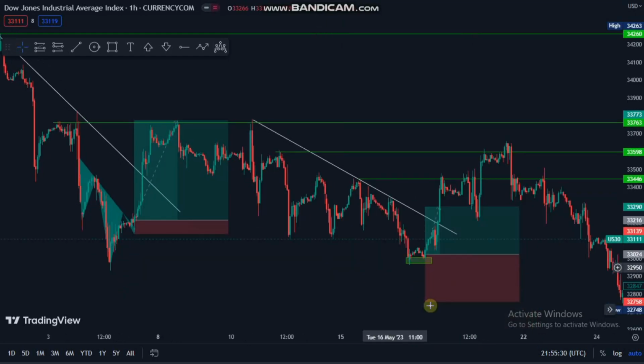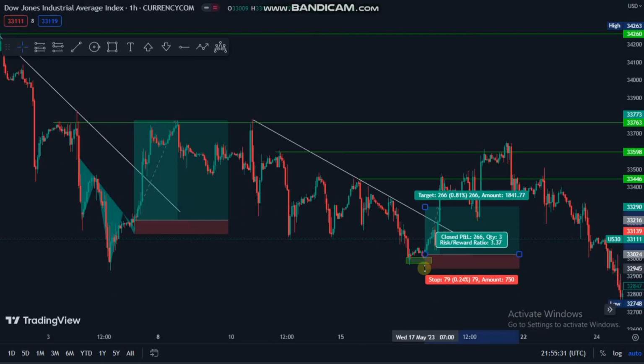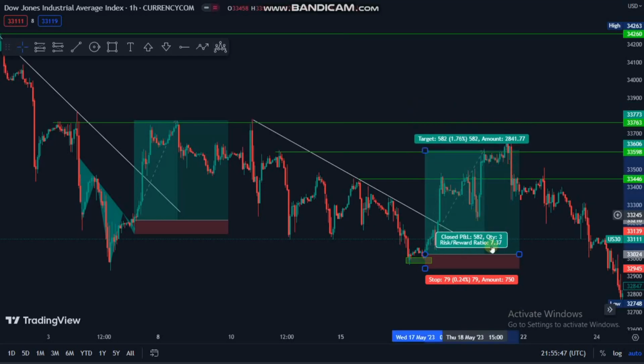And then my stop loss would actually be below that zone. And then we can see that our first TP was hit, and then our second TP was also hit, but our overall TP was never hit, right? But you can see that we capitalized, and this was a nice 1 to 7.37 risk to reward ratio, right?